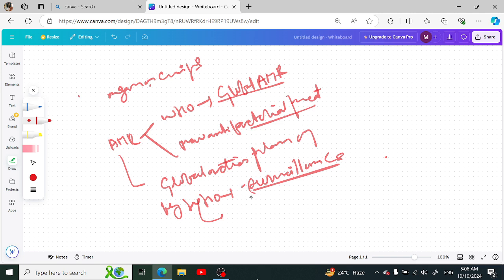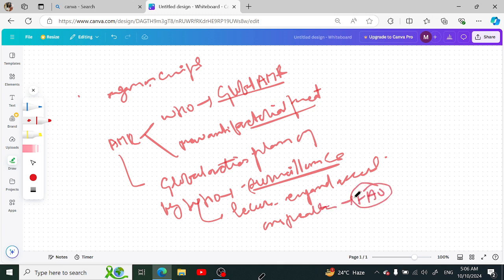Global antimicrobial development: expand, assess, secure. Then the One Health joint plan of action, One Health by the FAO, UNEP plus WHO, the World Health Organization.